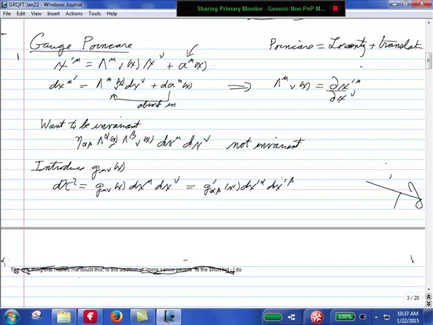And then it's a useful exercise to show that this is an invariant volume element to order epsilon.